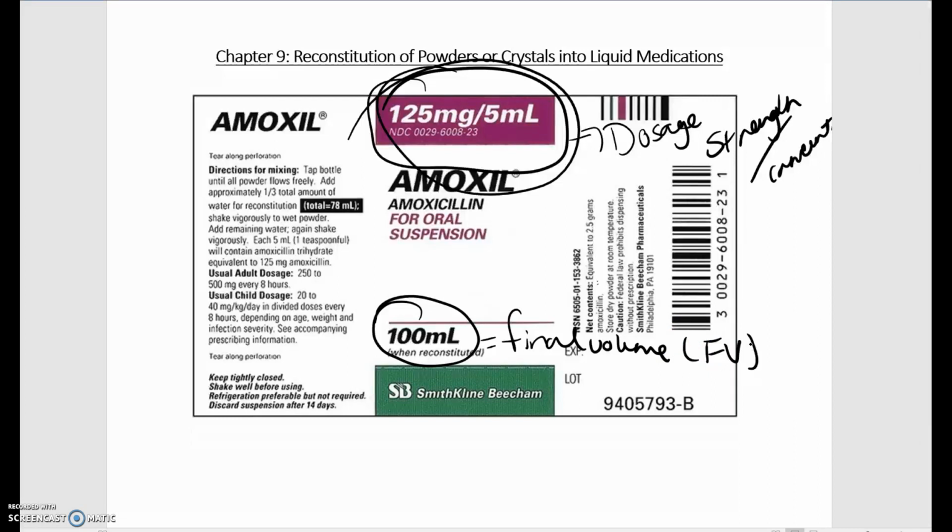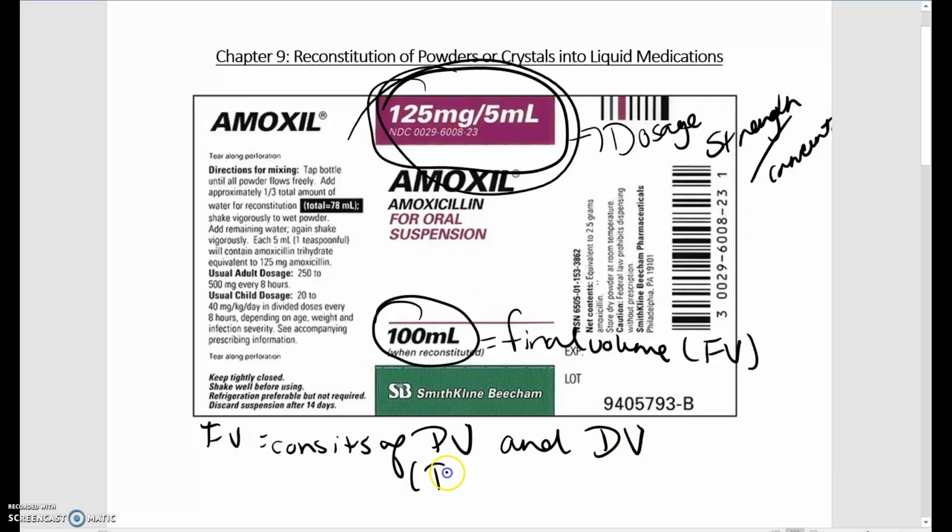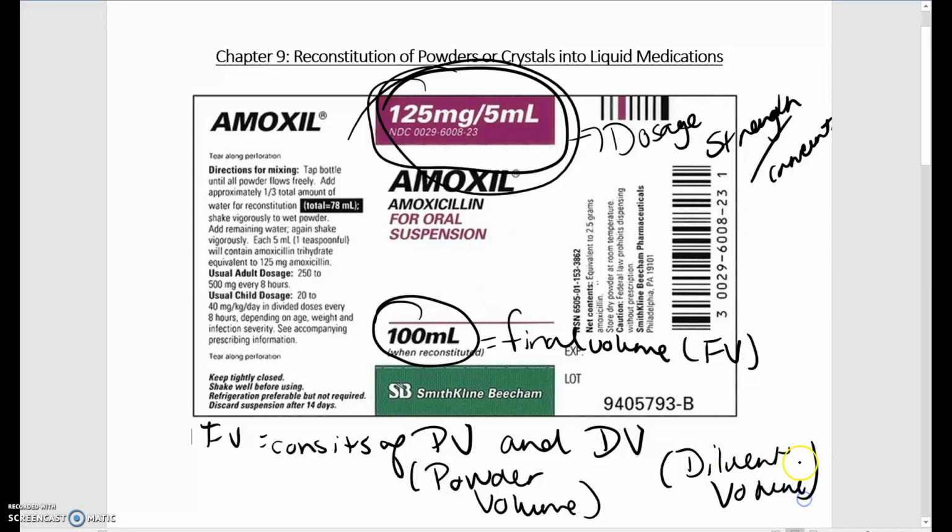Your final volume consists of two components: your powder volume, PV, and your diluent volume, DV. Those two components added together give you your final volume.